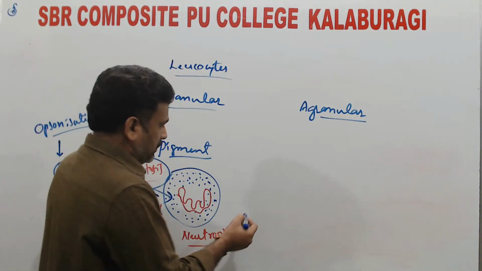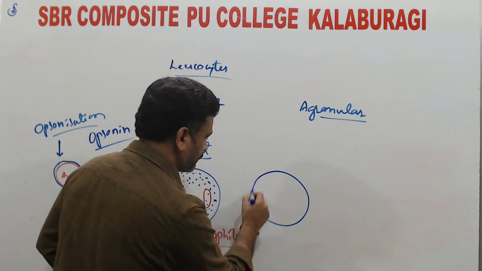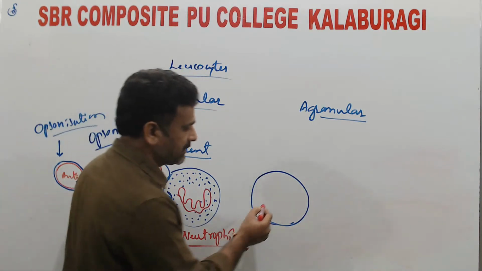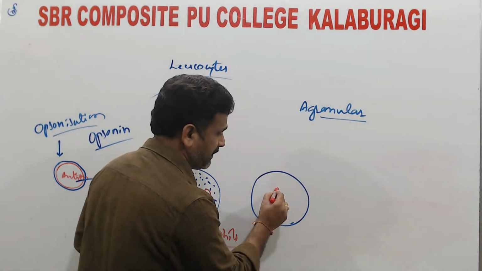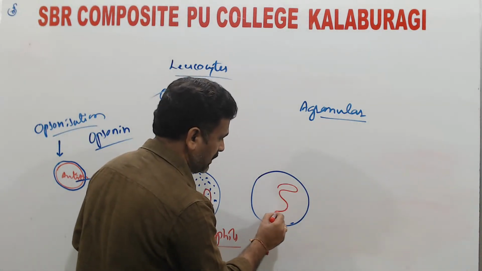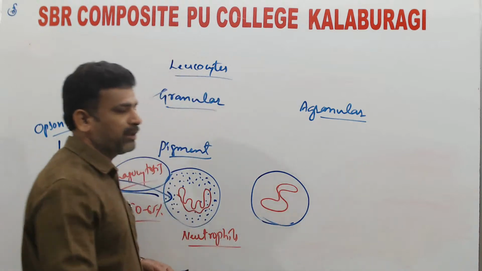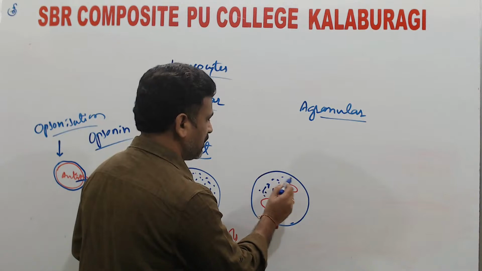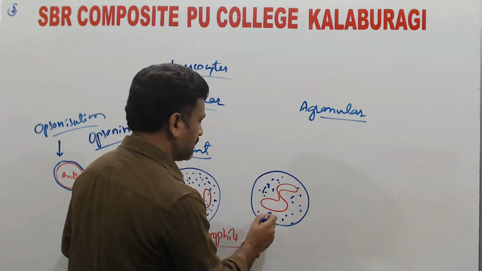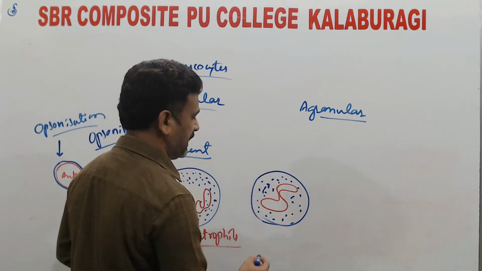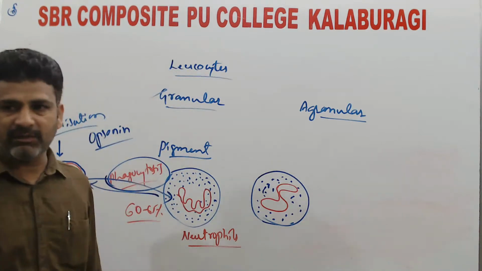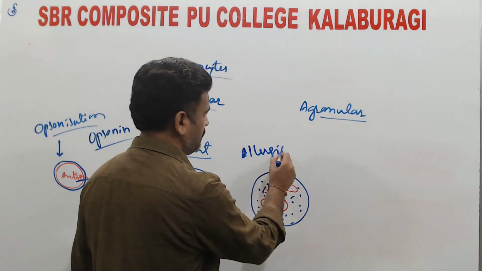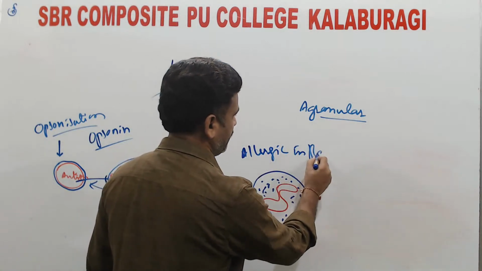Next, other than neutrophils, there is another type called the eosinophils. These eosinophils possess a bilobed nucleus, where here also we observe more deposition of the pigment. Such eosinophils are not only involved in the phagocytosis process, they are also involved in allergic inflammation.